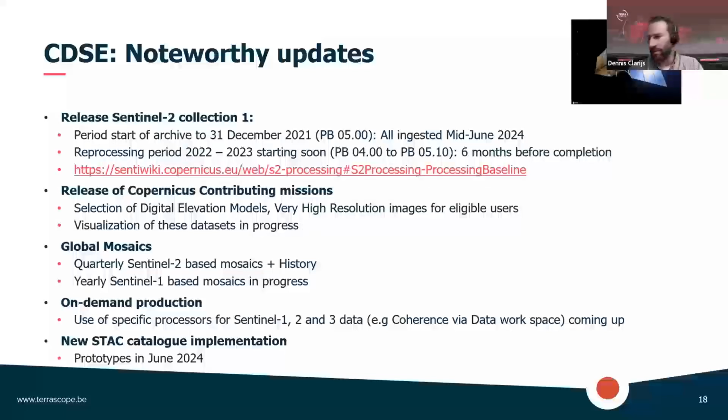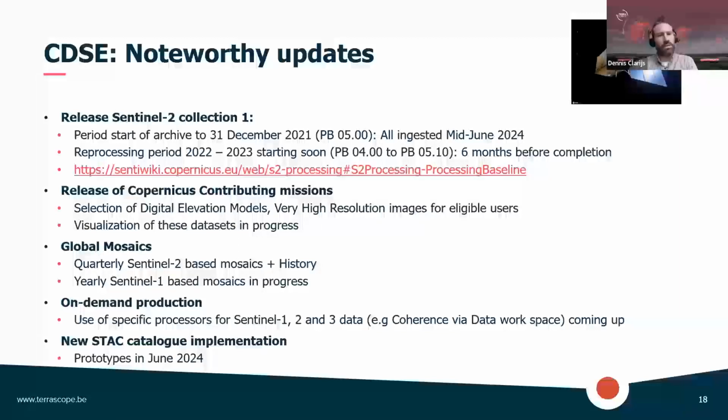That's interesting for users, so they don't have to start mosaicing themselves. A similar thing will be done for Sentinel-1, but these are yearly mosaics, and even a monthly basis is being discussed. But that will be there soon as well.